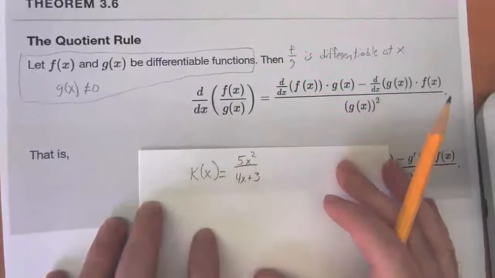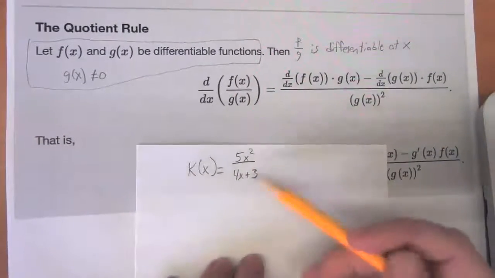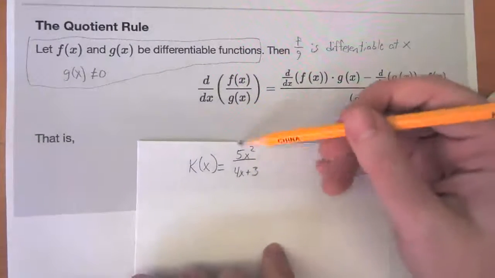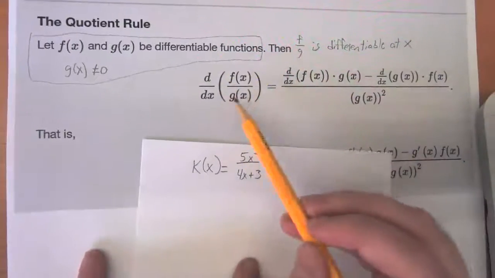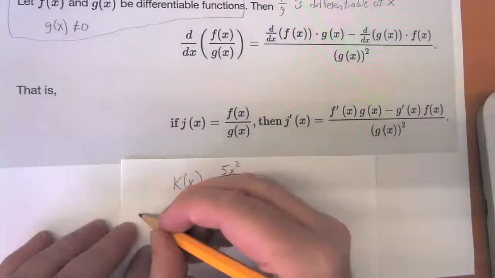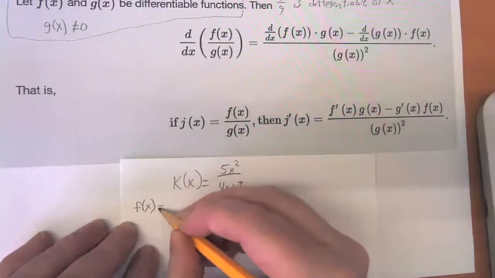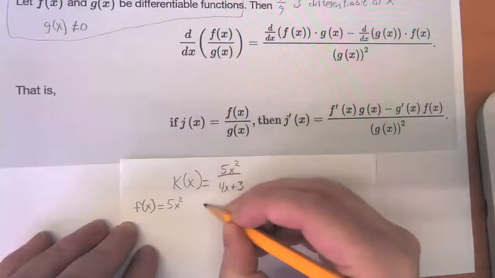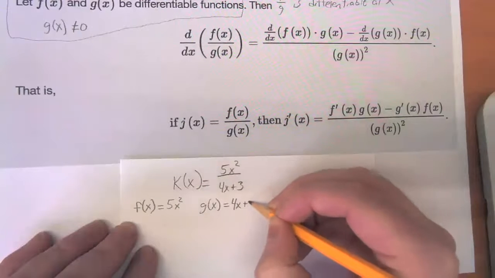Boom. All right, so k of x is equal to 5x squared over 4x plus 3. This is something that we can't simplify, we can't divide 5x squared by this. So what we're going to do is use the quotient rule. And just like I did for the product rule, I want to break this into its two pieces. So f of x is my numerator function, which is 5x squared, and g of x is my denominator function, which is 4x plus 3.